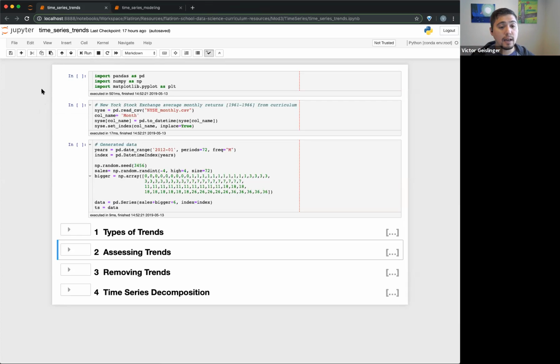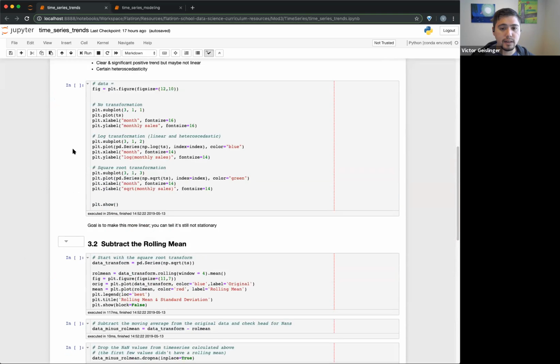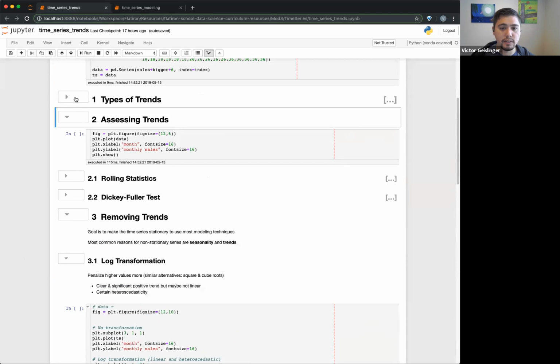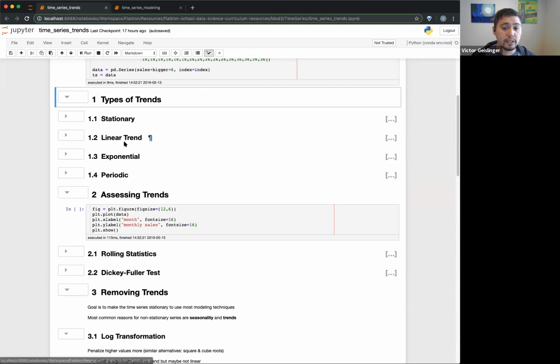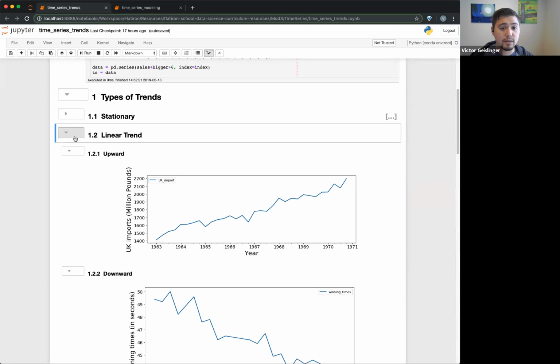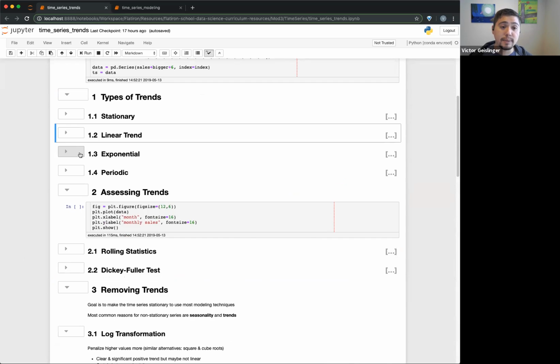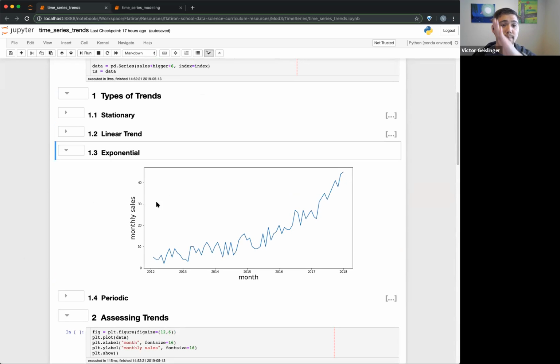We talked about what's stationary. When we see a stationary time series, that's usually what we want. When it's not stationary, we have trends, so we covered types of trends. We have a linear trend, where something is going up or down, which is pretty straightforward. Then exponential trends, where things ramp up and tend to look linear at first, and then over time we get an exponential curve going upwards.